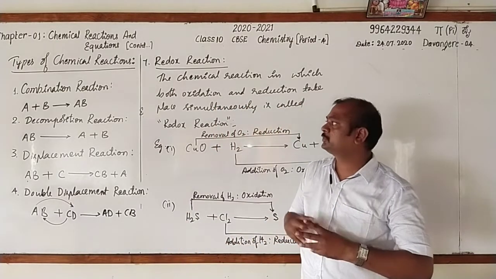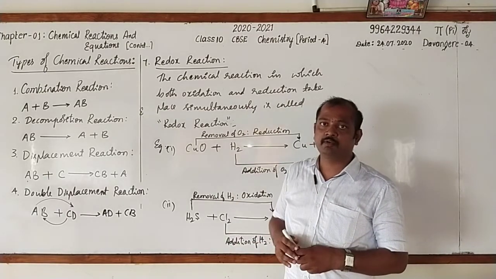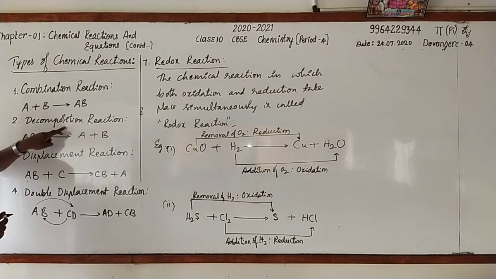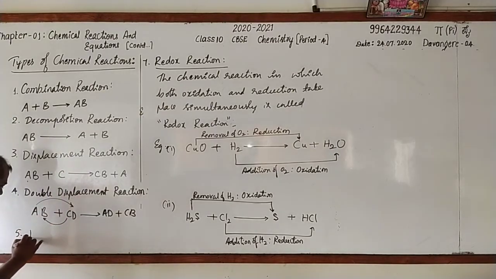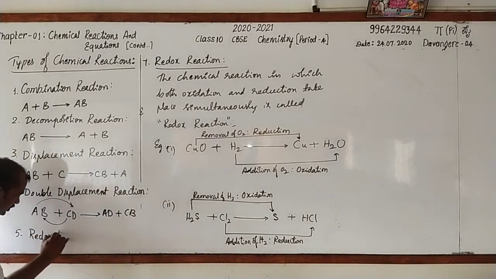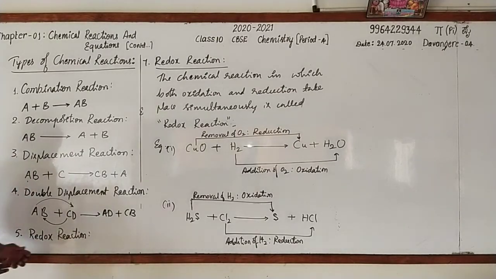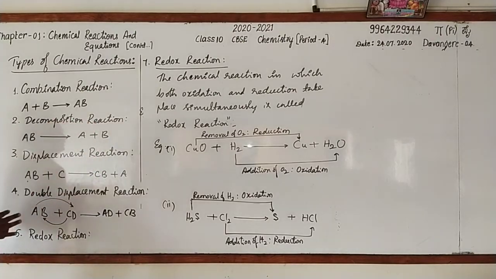Dear students, hope that you have understood all the 5 types of chemical reactions. First one is combination, second one is decomposition, third one is displacement, fourth one is double displacement, fifth one is redox reaction. To explain redox reaction, I have used both reduction and oxidation, and both are written separately.